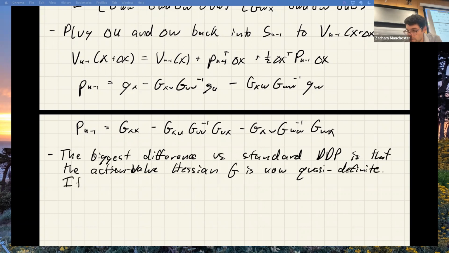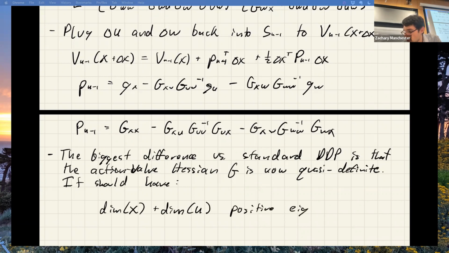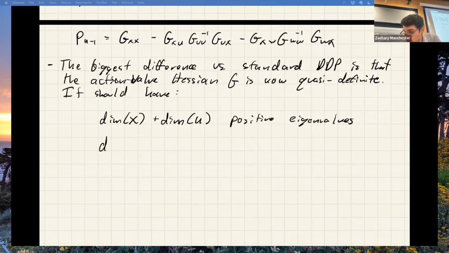The stuff corresponding to X and U should be positive, so that's a min, and the stuff corresponding to the W player should be negative, i.e. a max.